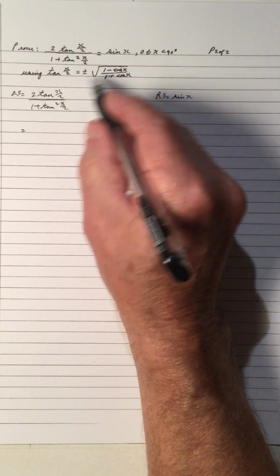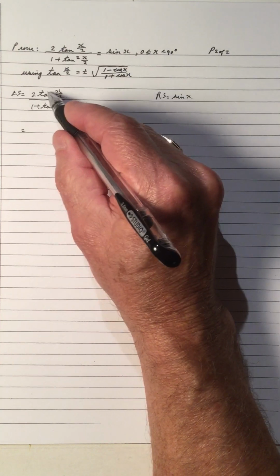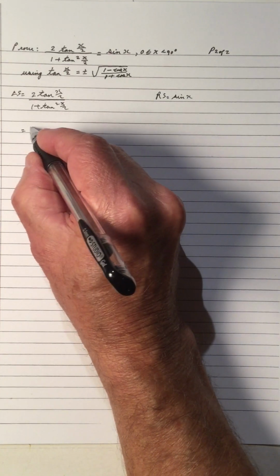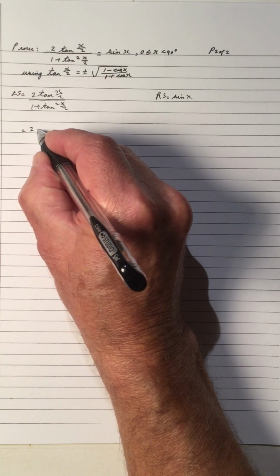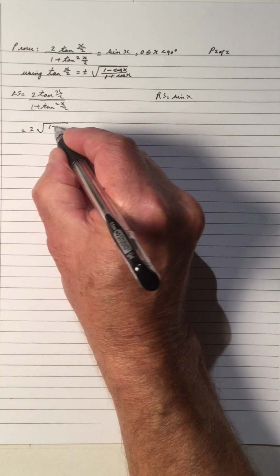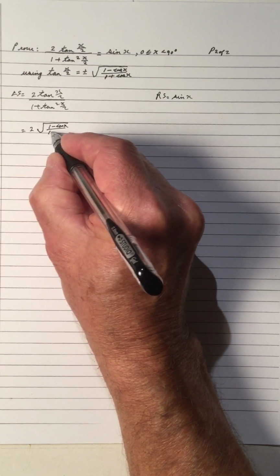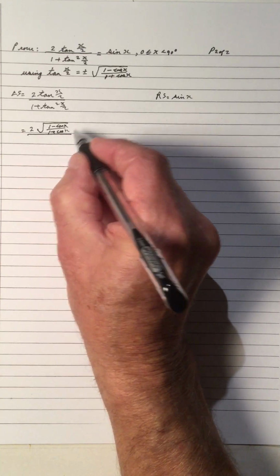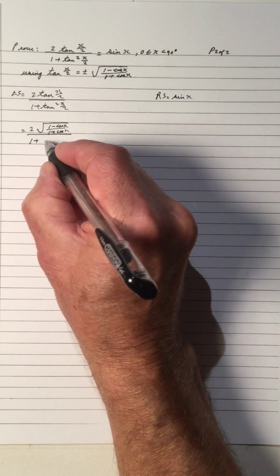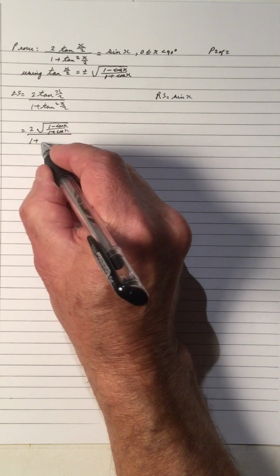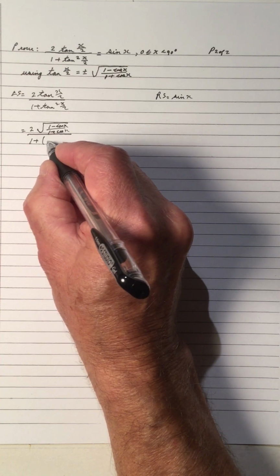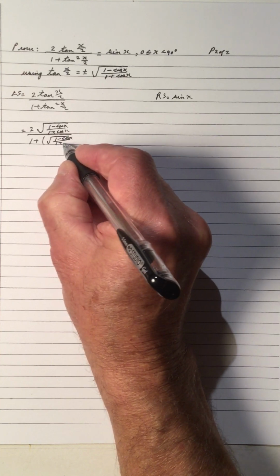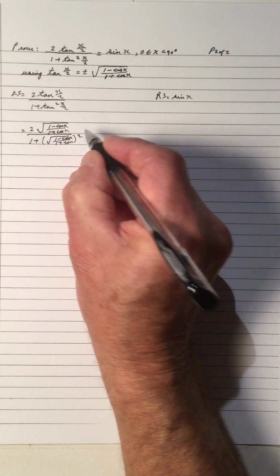We're going to let tan of x over 2 equal this formula, and it's positive because tan is positive from 0 to 90, so we get 2 square root of (1 minus cos x over 1 plus cos x), over 1 plus tan squared, same formula, only we have to square it: 1 minus cos x over 1 plus cos x, squared.